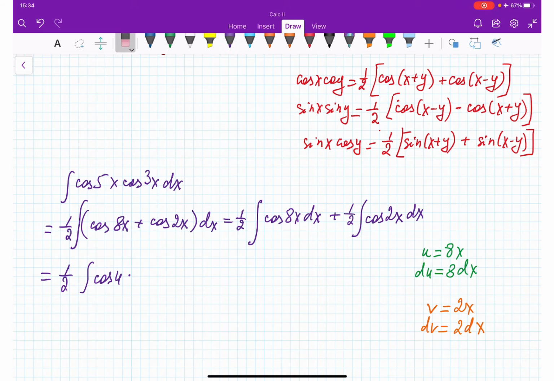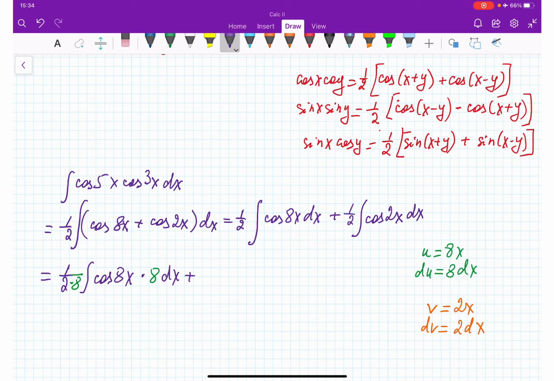As always, I'm trying to jump and then slow myself down. It's going to be cosine 8x, and then I need to squeeze in 8 and divide by 8 accordingly to keep the balance, times dx.